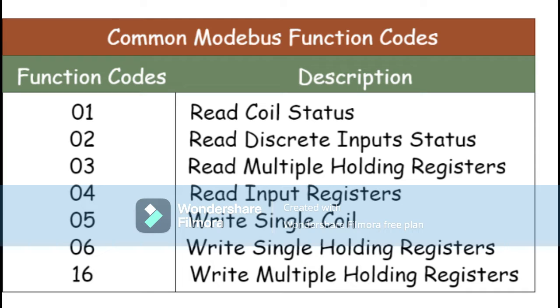On the basis of that, for operations like reading or writing data from the slave, different function codes are defined, like 01 to read the coil register data, 02 to read the discrete input register status, 03 to read multiple holding registers. Like that, there are different function codes to read the register data.